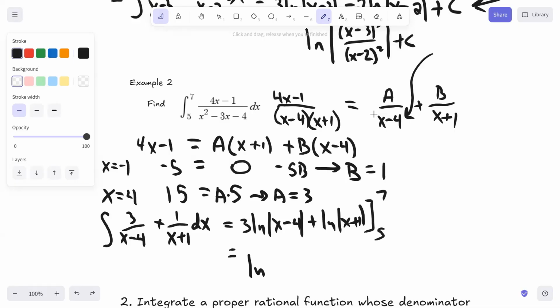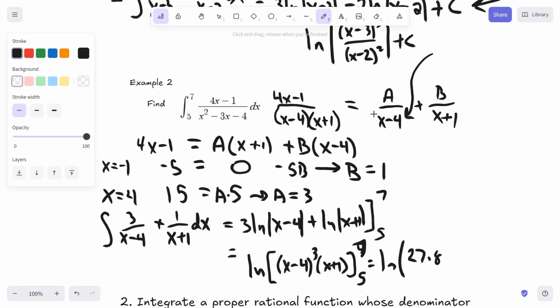You can actually simplify this to natural log of x minus 4 cubed times x plus 1, and then plug in the 7 and the 5. So you would have natural log of, if you plug 7 in, 7 minus 4 is 3. 3 cubed is 27 times 7 plus 1 is 8, minus the function evaluated at the lower limit.